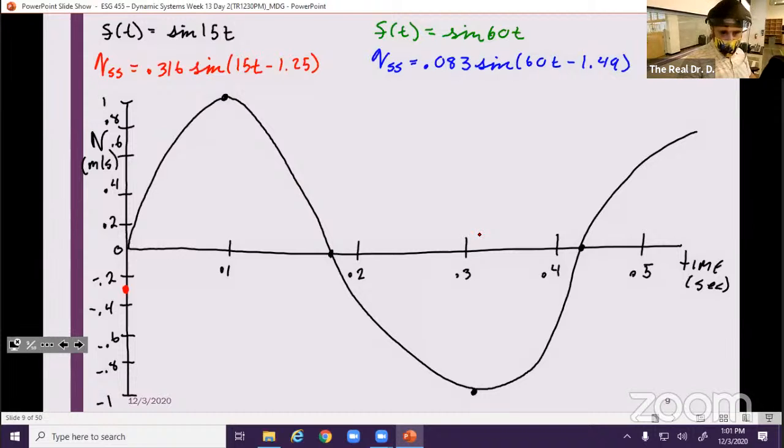This will have a peak about here. We can also figure out 0 crossings. This crosses 0 at about 0.5-ish. Comes up, comes back down, crosses 0 again right before 0.3. Has a peak around 0.4.